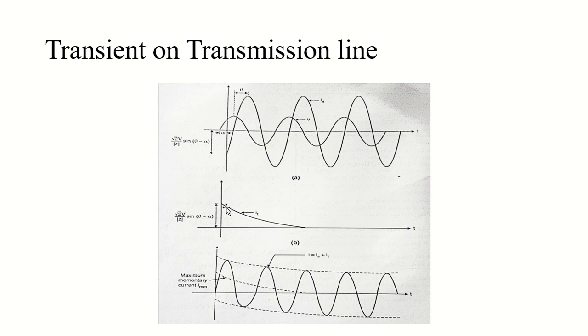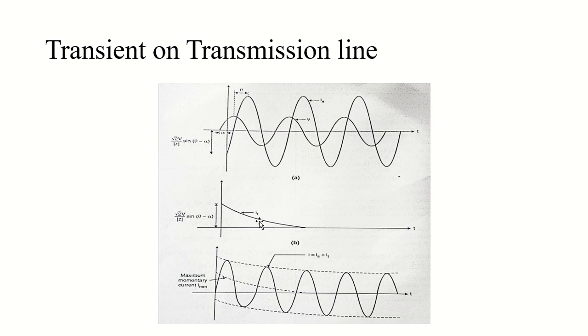This second term is my transient. As you can see here, it is root 2v by z sine theta minus alpha, or v max by z sine theta minus alpha. So this angle is that, and then we have e raised to minus r by l into t.